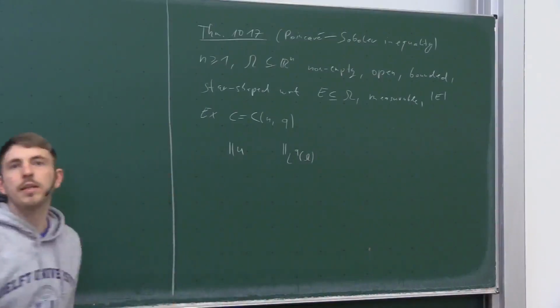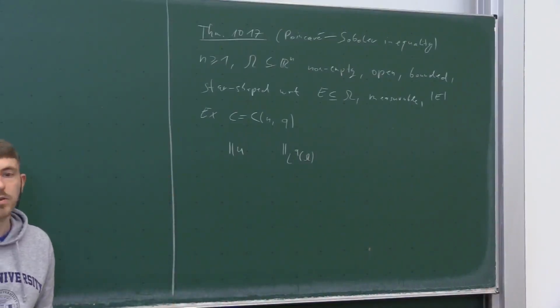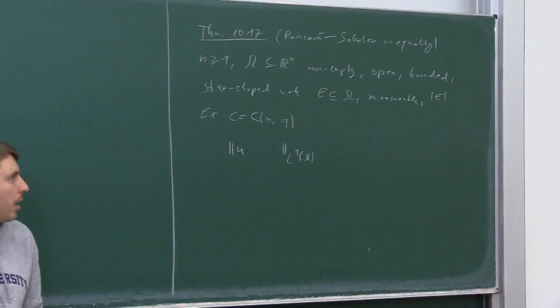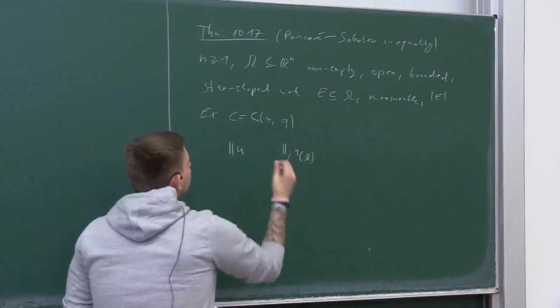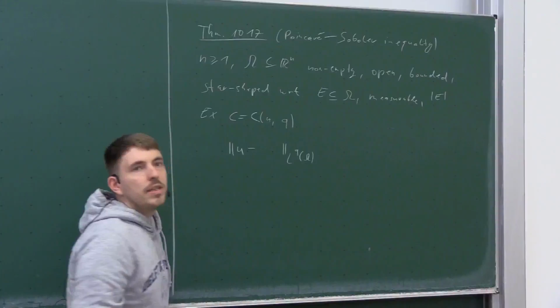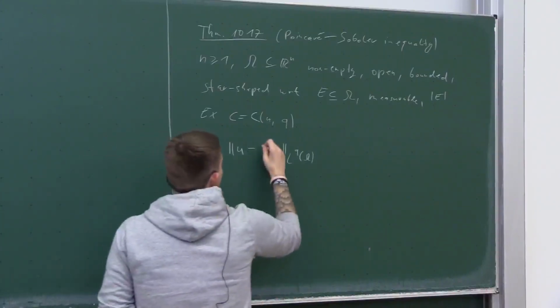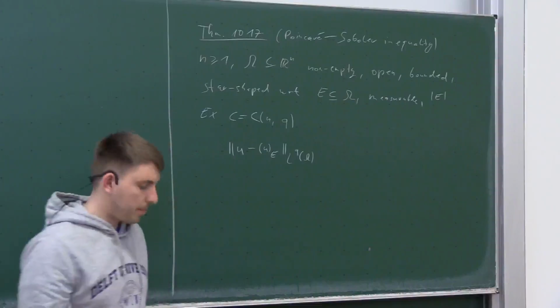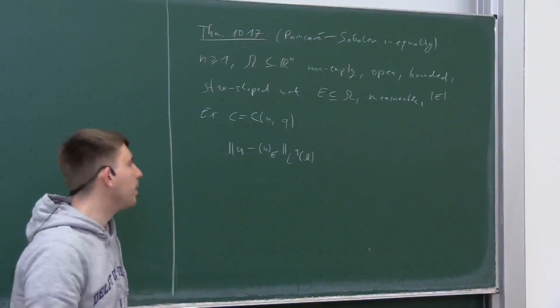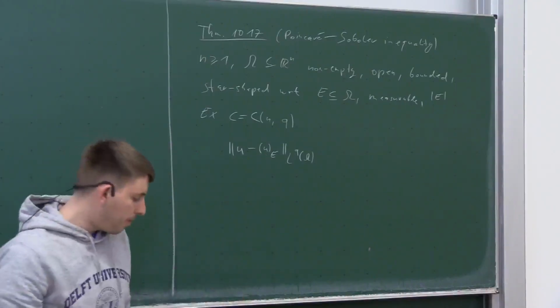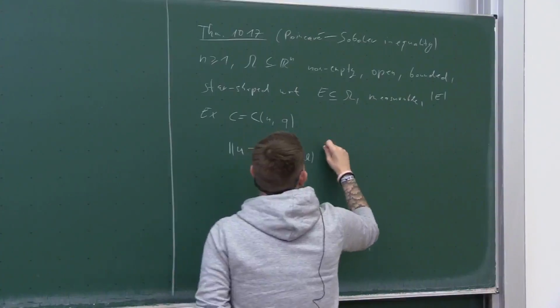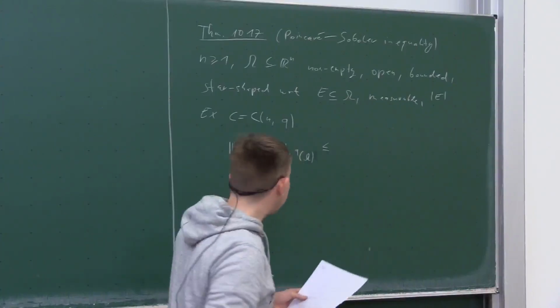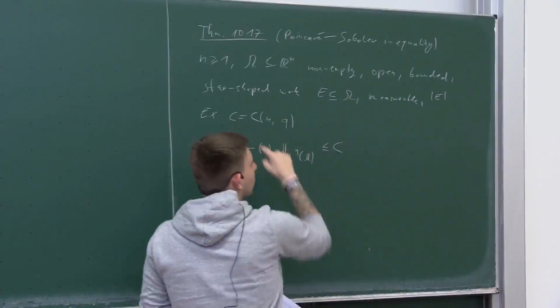Yeah, so these were quantities that we want to estimate in the normal Sobolev inequalities. Here we will need to do a little modification, namely we will subtract the mean value of U over E. Okay, and so if we subtract this mean value, then we will get an estimate against the expression as we have here, this constant.